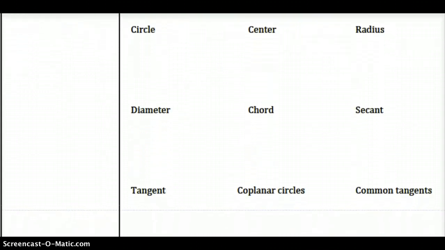Circle. A circle really is a set of points a given distance from a given point. So if you visualize a circle being formed by a set of points the same distance from the center, we have ourselves a circle.